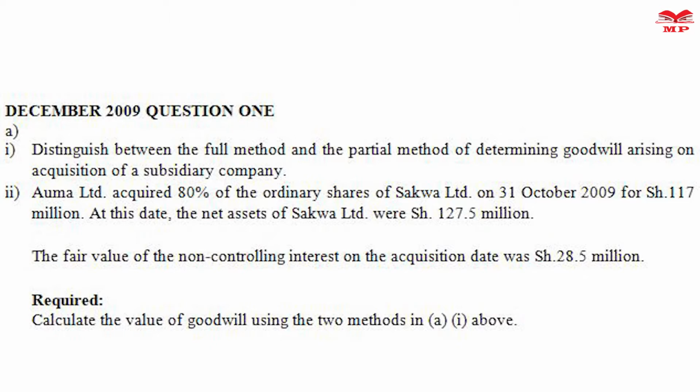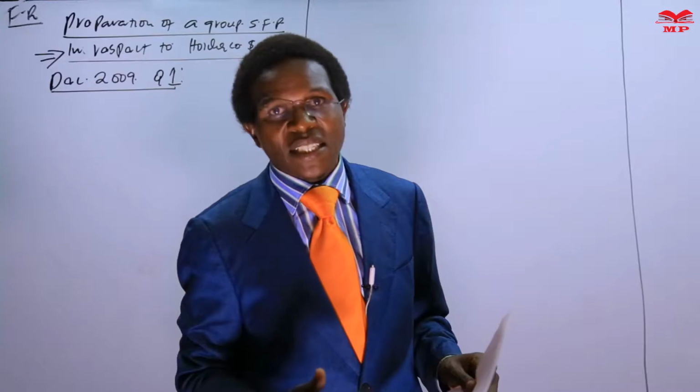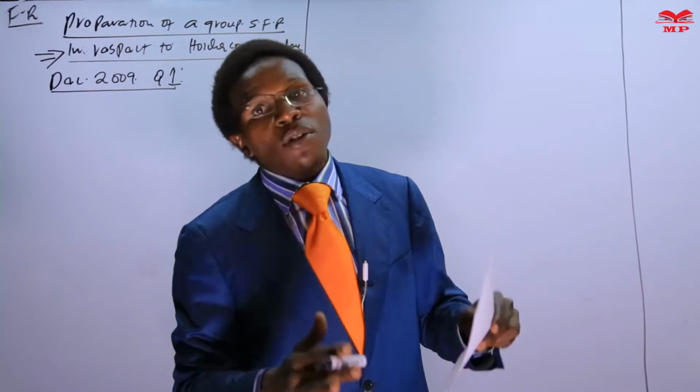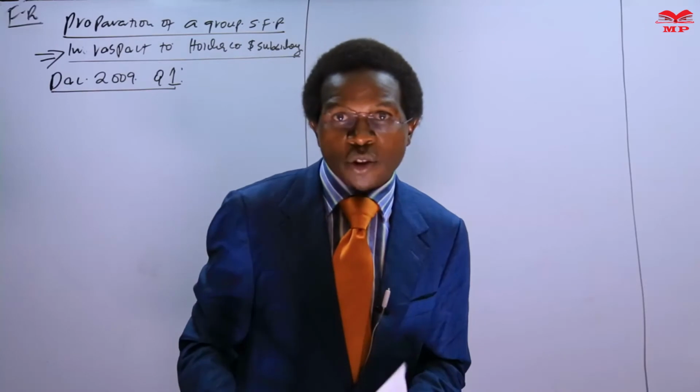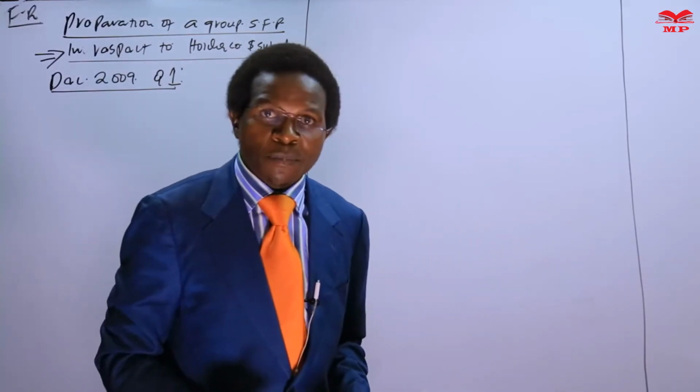Now you need to remember, according to IFRS 3, we have two methods of accounting for goodwill. We have the fair value method and we have the partial method. You need to remember these, friends.